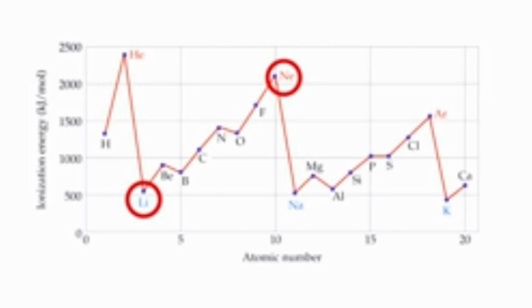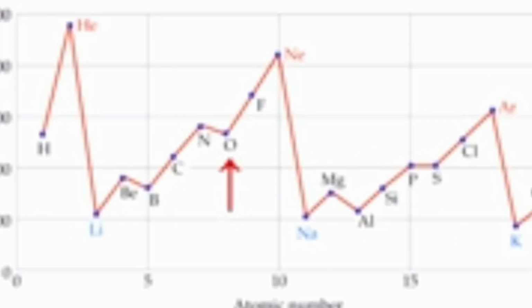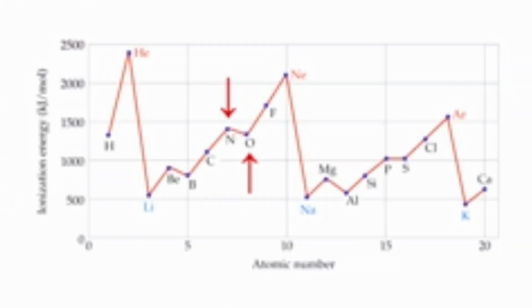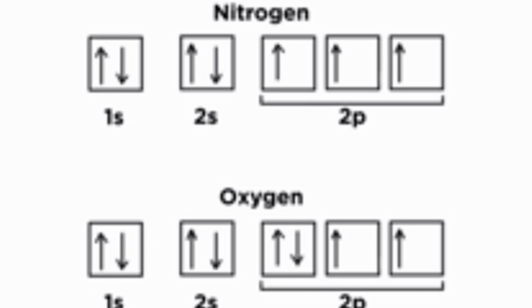But oxygen, which dips downwards from nitrogen, does so because of orbital symmetry. Here is nitrogen's orbital diagram.